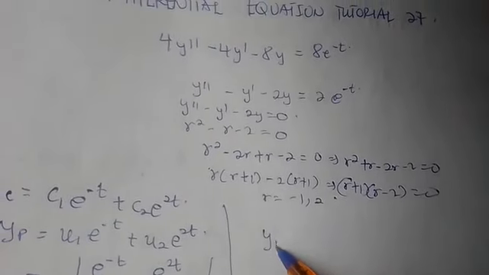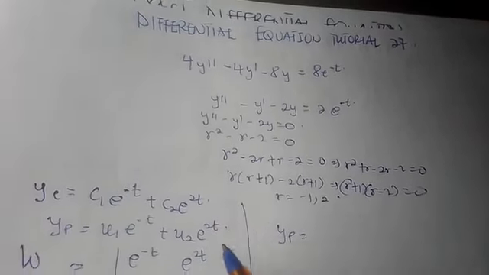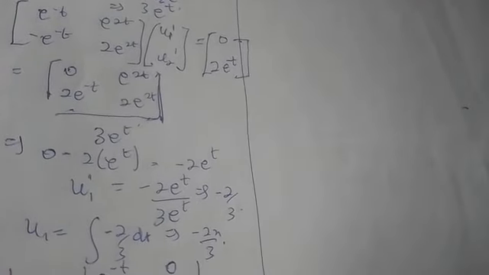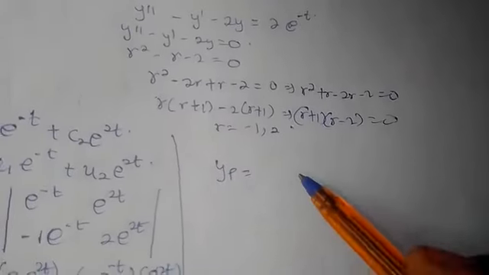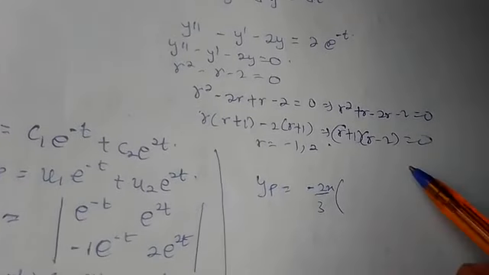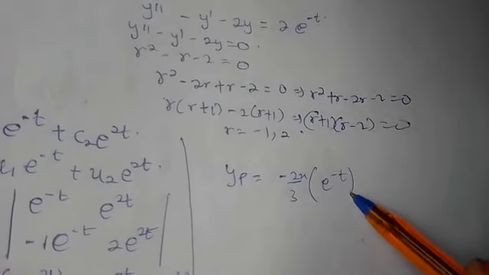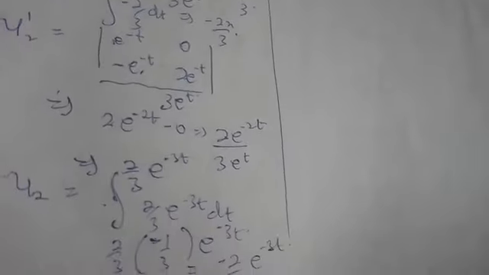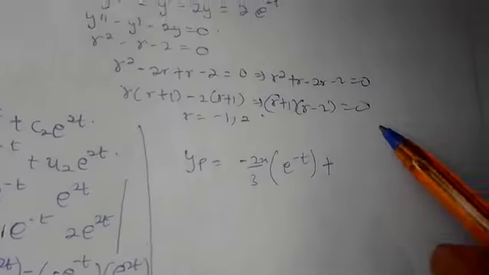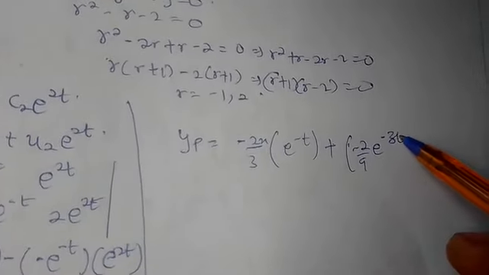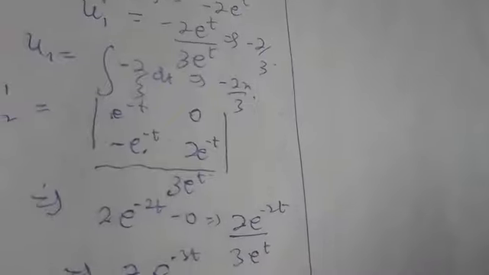So our yp will simply be equal to, initially it was u1, so wherever you see u1, you come and put the value for u1, which is negative 2t over 3. So negative 2t over 3 multiplying the expression e to the power negative t, then plus my u2, where my u2 is equal to negative 2 over 9 e to the power negative 3t, as you have here.